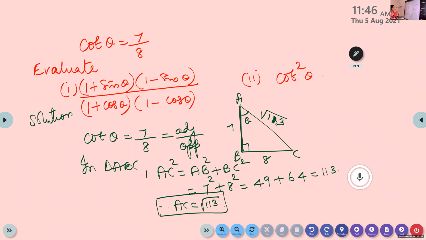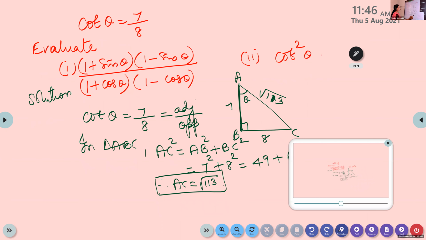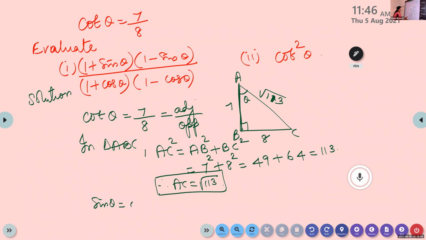Now look at the question. We want to find sine theta and cos theta. By definition, sine theta is opposite by hypotenuse. The side opposite to theta is BC, so BC by AC is 8 by root 113.